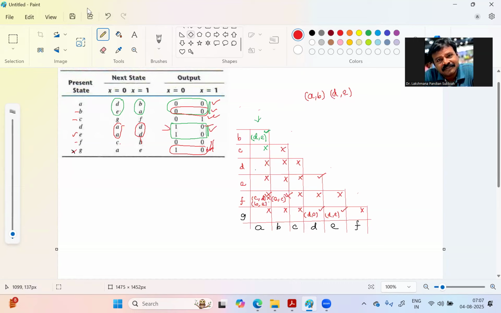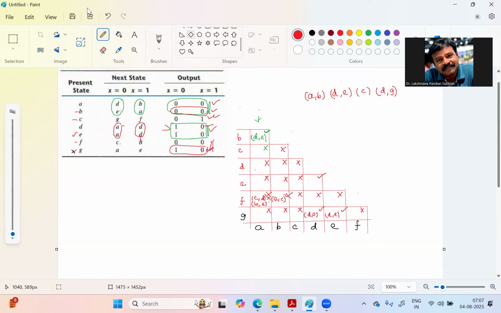A, B, C, and then here we have now EF. So next one is DG. DG is a pair, right? So here DG is a pair.